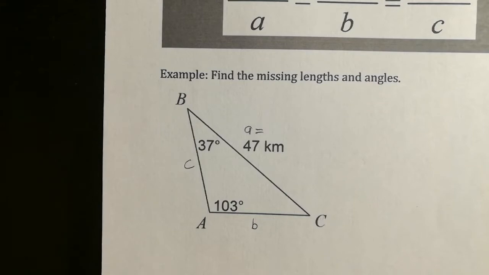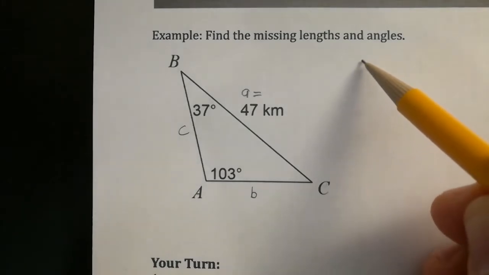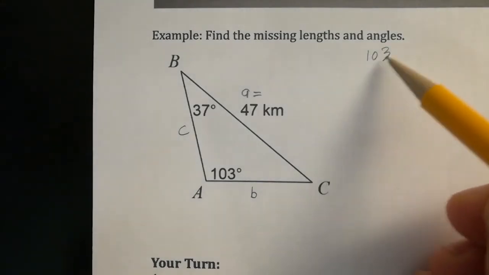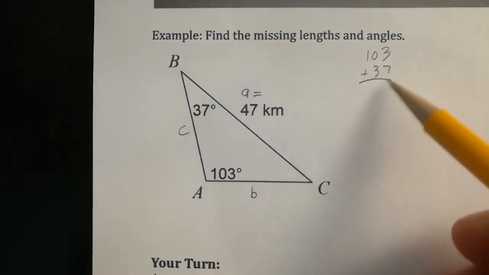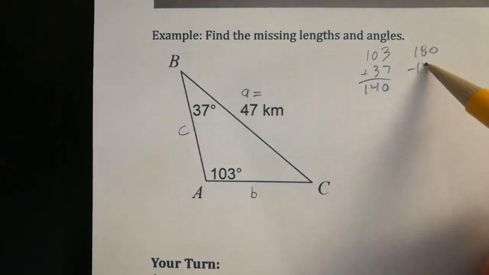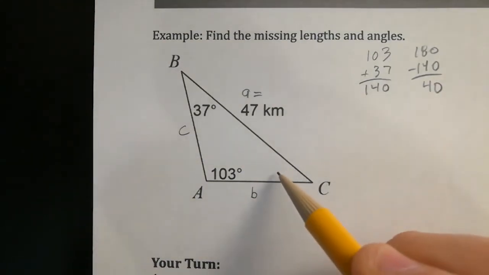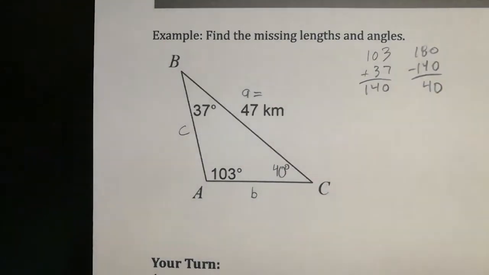So we got 103 plus 37. That's 140, and then take that away from 180. We're going to get 40. So that means that angle C is 40 degrees. We found that angle just by using some basic geometry.